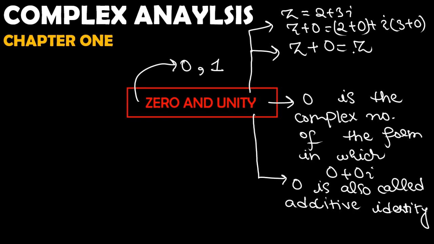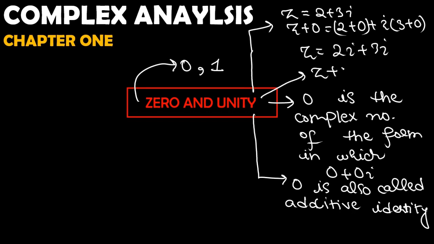So I will get back 2 plus 3 iota. Same. So this is a very important thing about 0, and all the essential information about 0 is here.